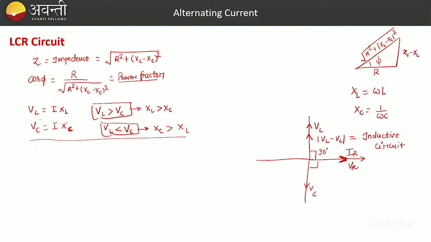Now power across this LCR circuit. For power there is a very simple formula. Look, we always calculate power as V into I, but here we will calculate average power. So average power will be VRMS IRMS into cos phi.